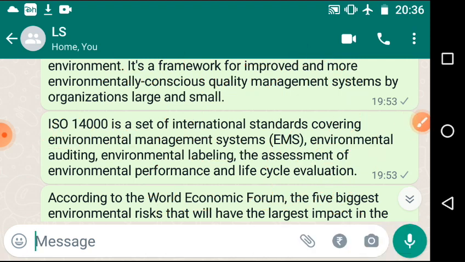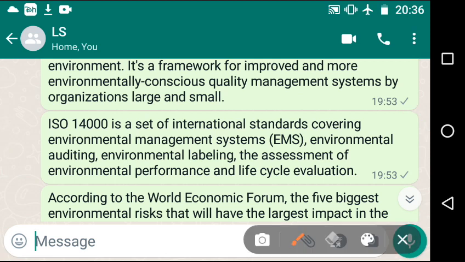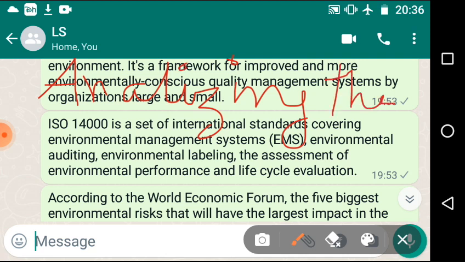After inspecting the site and collecting the data, we will analyze the results of the audit. So the next step is analyzing the results of the audit.